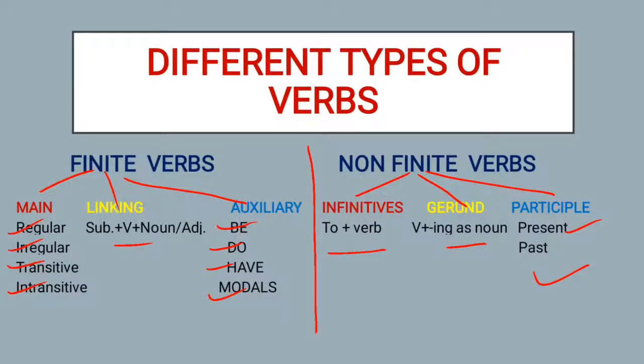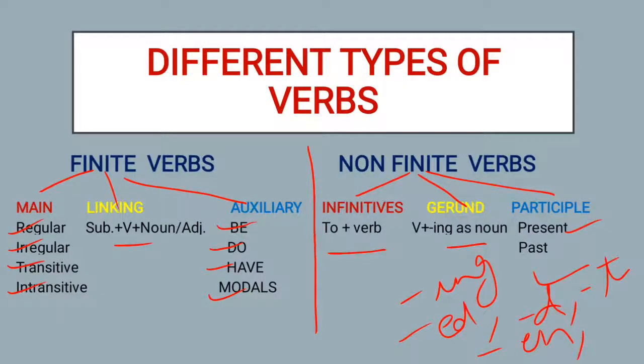Present participle ends with ing and past participle usually ends with ed, d, en or n. I hope you have got some basic idea of all the verbs discussed in this video.